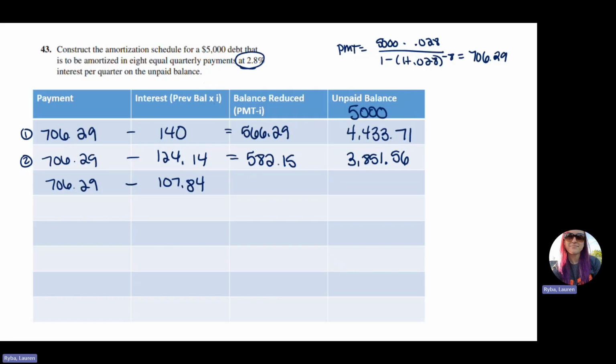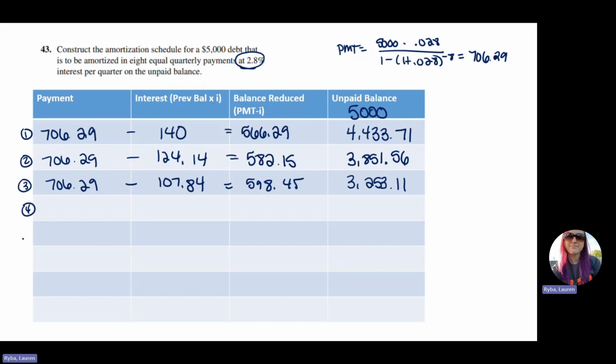You subtract that from your payment, $598.45 is now going to your principal, or going to reduce your unpaid balance. So when you do the subtraction, we are now down to $3,253.11.